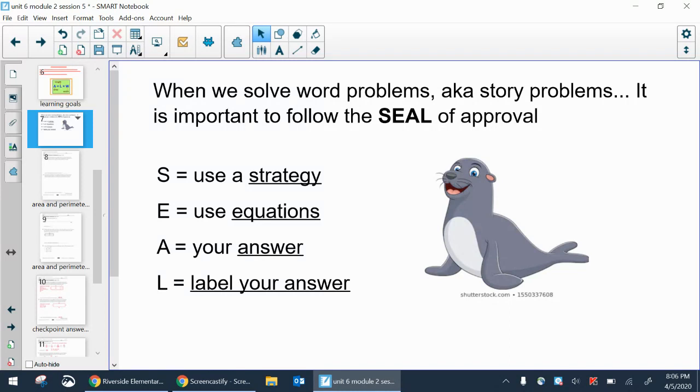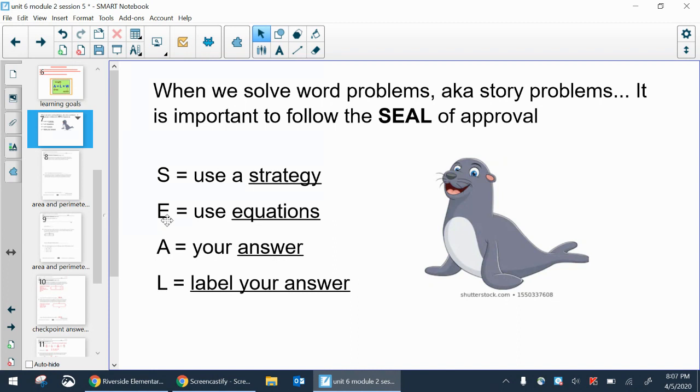So that's kind of a cool thing, and absolutely keep that in mind moving forward. So in addition to using a strategy to solve our story problems, we also want to remember to show and use equations to help us solve our story problems. And eventually, using our strategies, drawing out our strategies, writing out our equations will help lead us to the correct answer.